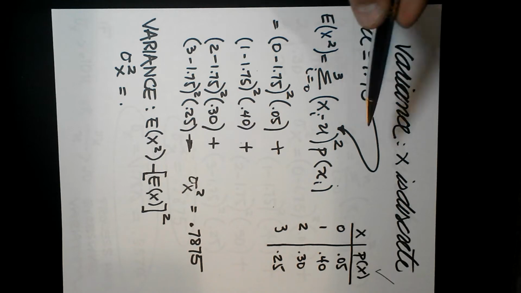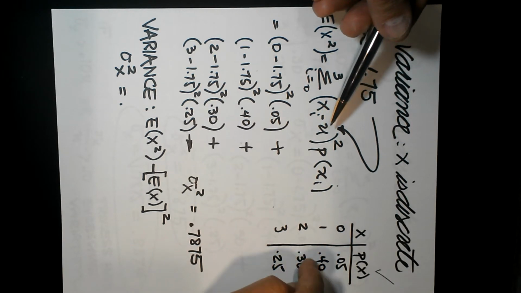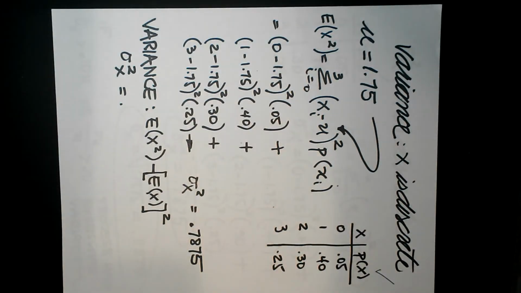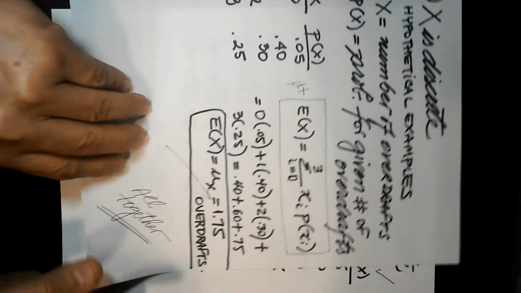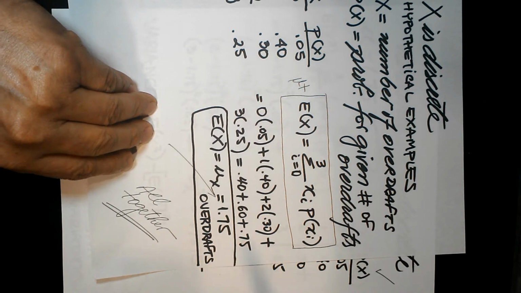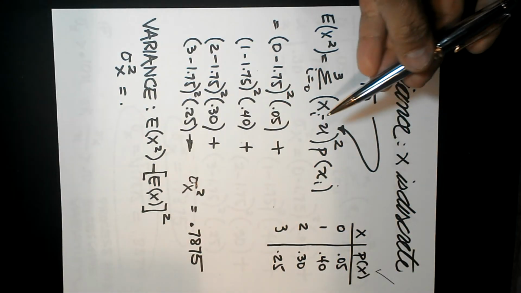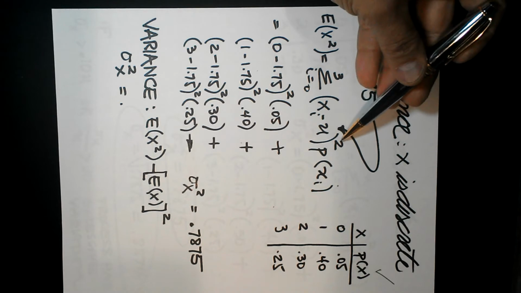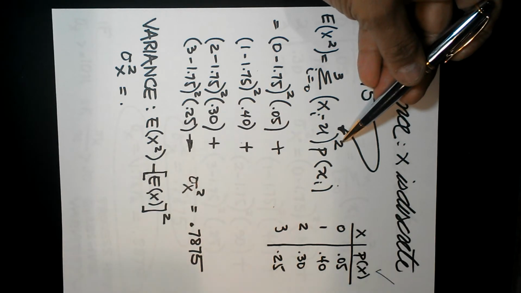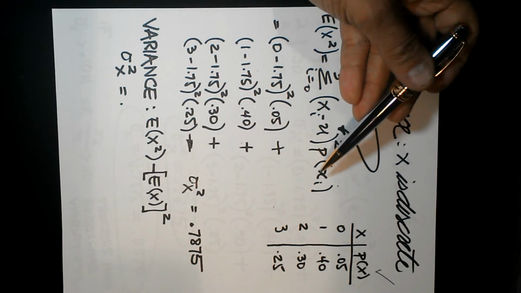We're going to take each x minus the mean of that table. We just found the mean, 1.75. We know mu is 1.75. So each x minus the mean, we square. That means we are never going to have a negative here, times the probability of x.